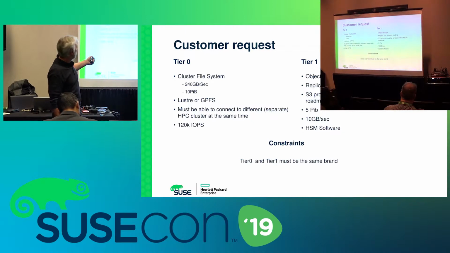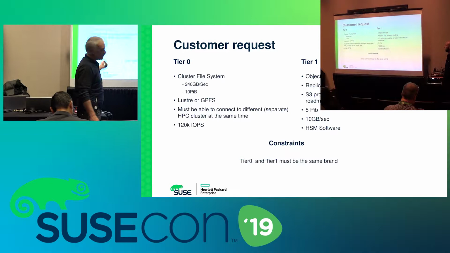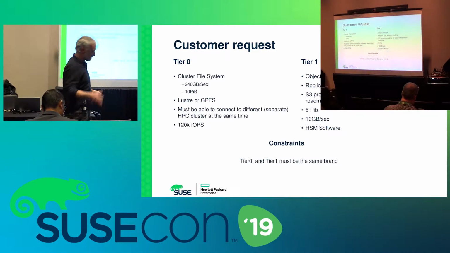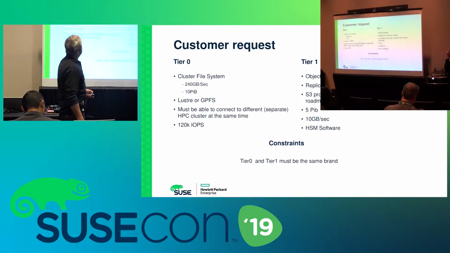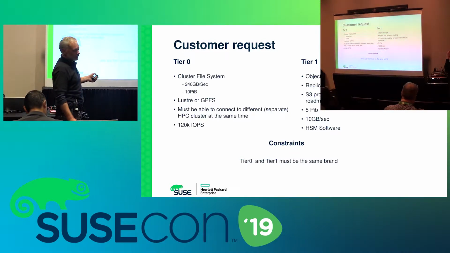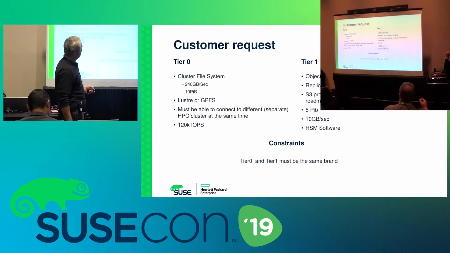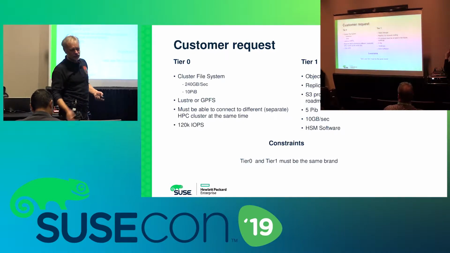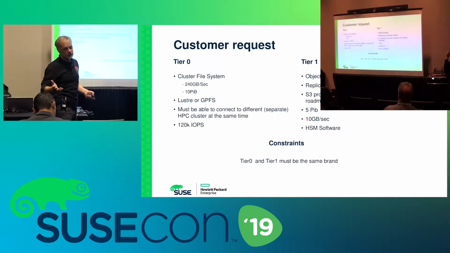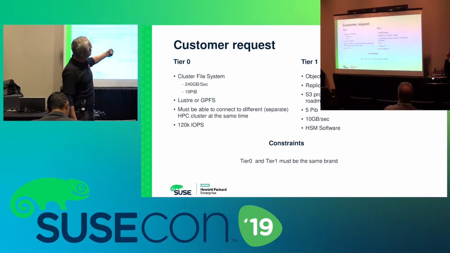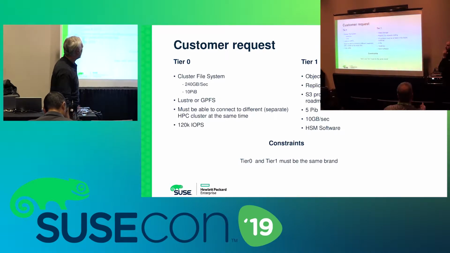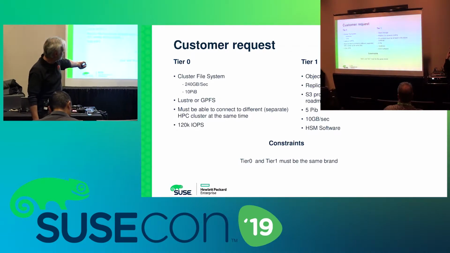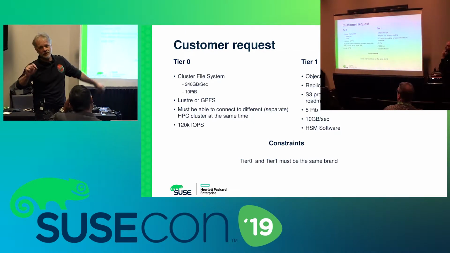Those were the customer requests: roughly 12 petabytes, and a good amount of I/O per second, not really too much, but for the kind of technology we are looking at, Lustre, that's pretty enough. And a tier 1 in which they wanted to have S3 access. The problem is that they want a tier 0 and tier 1 from the same provider.